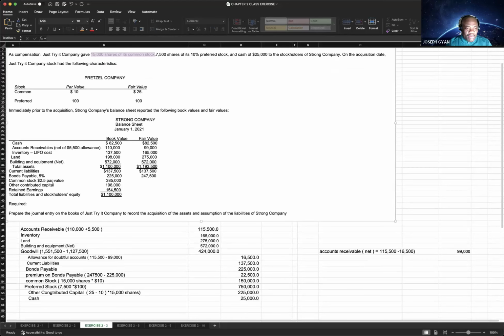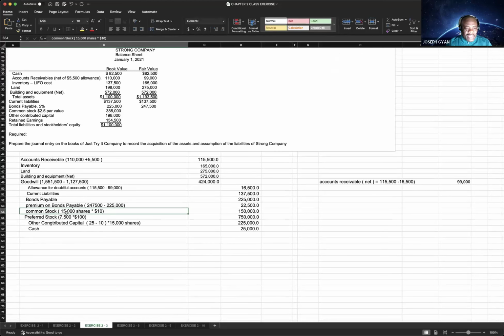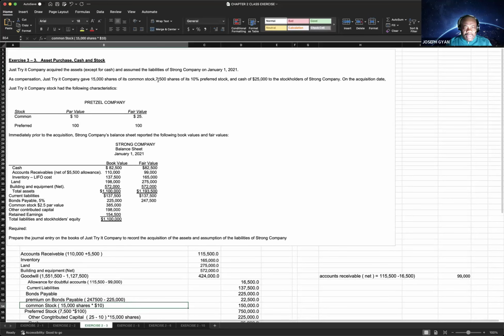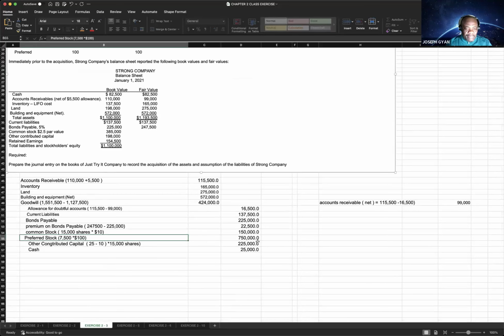So we took the 15,000, giving them the stock 15,000 times $10. Why $10? Because the par value of their stock is $10. We are also giving them the 7,500 of our preferred stocks, which also has a par value of $100.